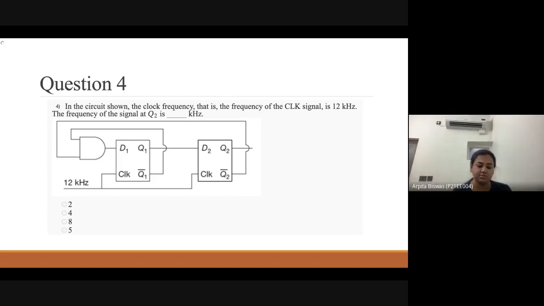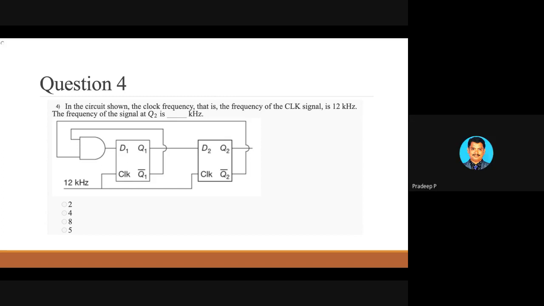Can you explain how you have calculated? I am checking case by case, madam. I am taking a positive clock. Let us assume D1 is 1, then Q1 will be 1, D2 will be 1, Q2 will also be 1, and Q2 bar 0, Q1 bar 0.